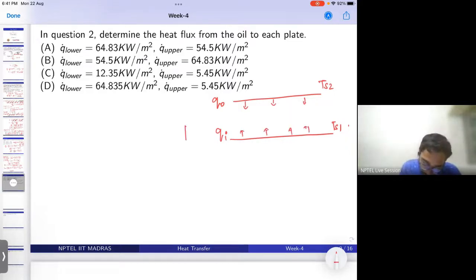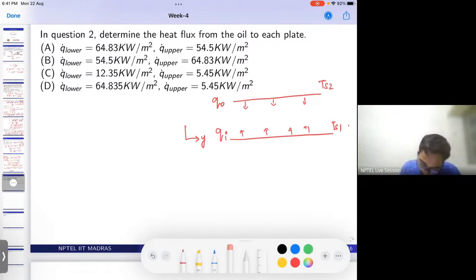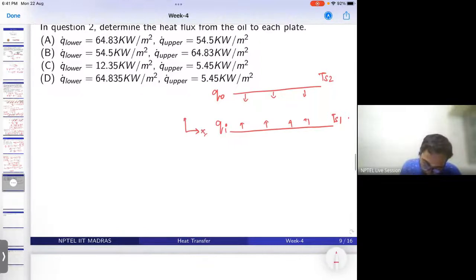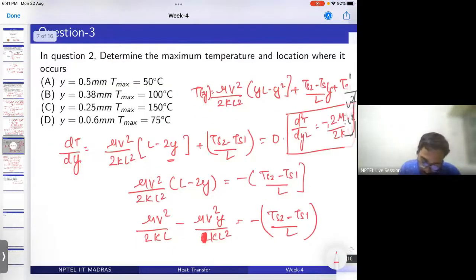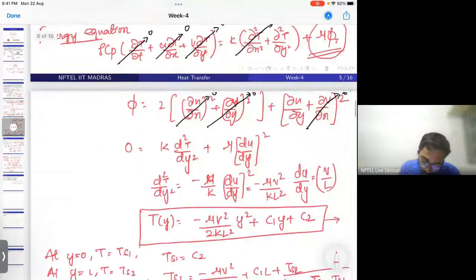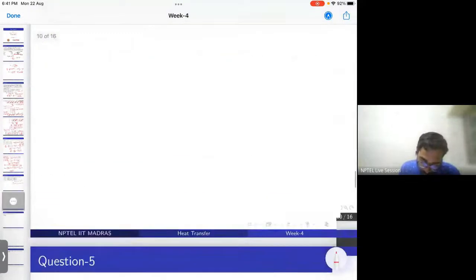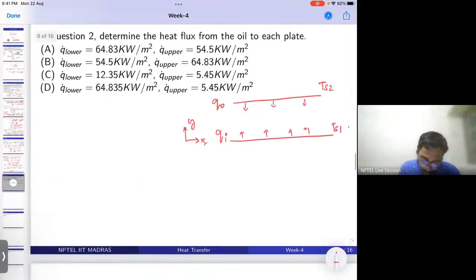And this is my coordinate axis, x, y. It is just direct substitution.